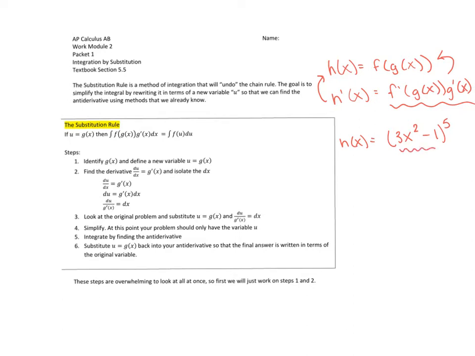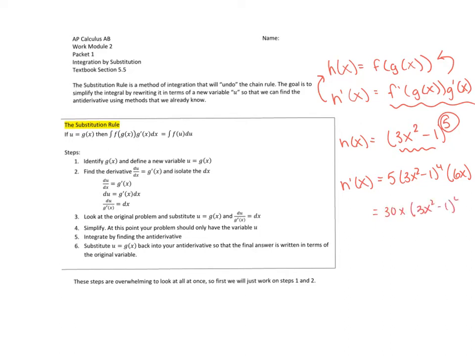We have an inside, we have an outside. There isn't any clutter here. So if we take the derivative, we might have 5 times 3x squared minus 1 to the fourth, and then times the derivative of the inside, which we may have rewritten. We probably would have combined the 6x with the 5 just to give us a 30x times 3x squared minus 1 to the fourth.